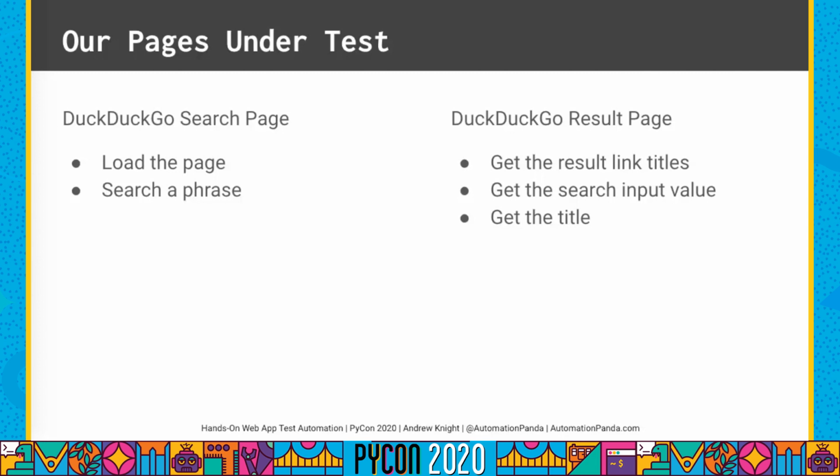Instead, the test is getting three values, which in a sense is still a web UI interaction. The three things that the test will get off of the results page are the result link titles, the search input value, and the title.